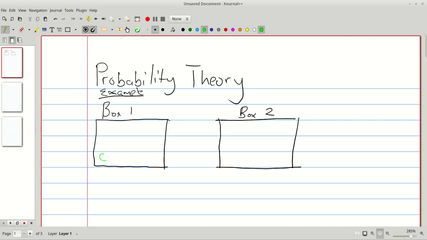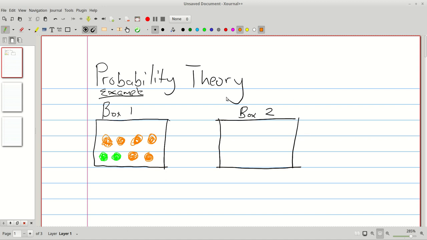Having said that, let's say we have these two boxes, and in the first box, let's say we have two apples, so that's one apple, another apple here, and six oranges, so that's one, two, that's the third orange, fourth orange, fifth orange, and sixth orange. So we have two apples and six oranges.